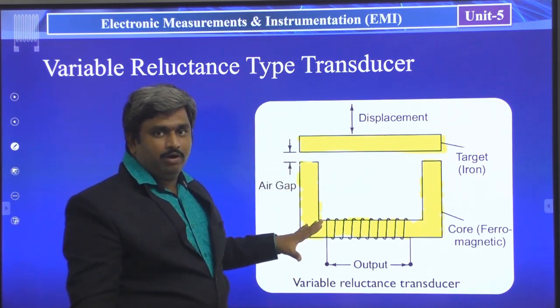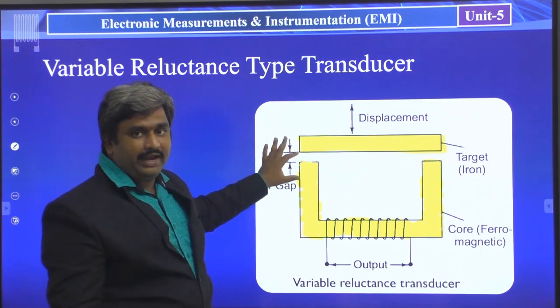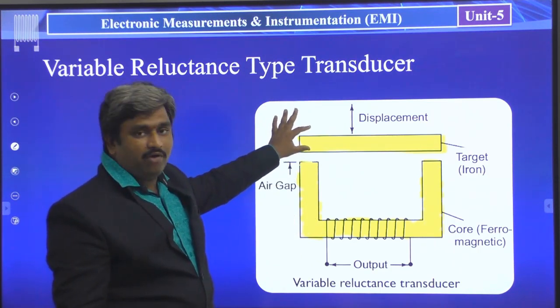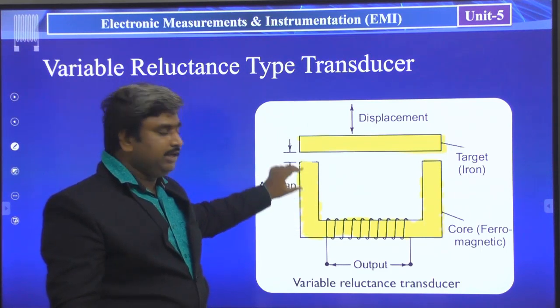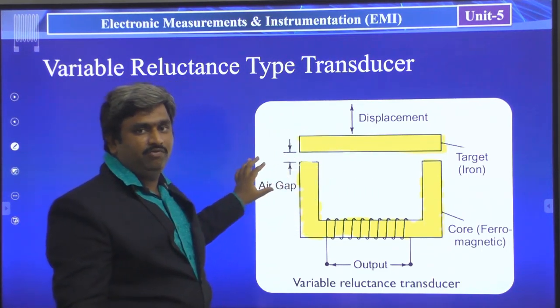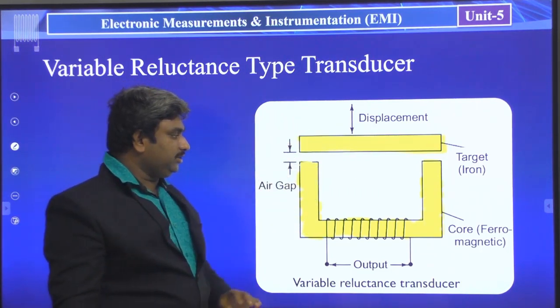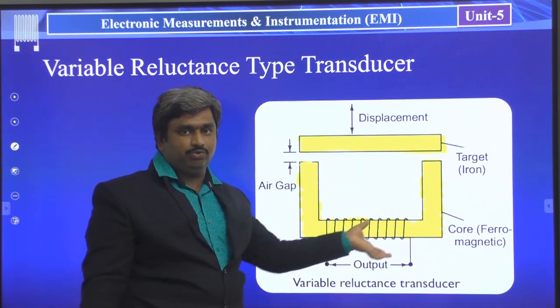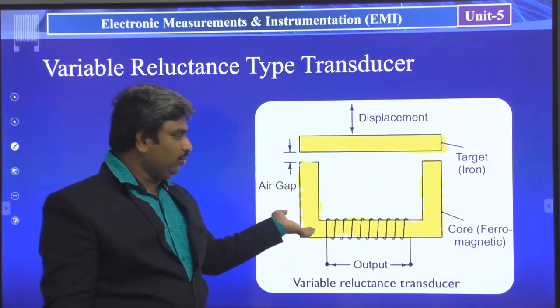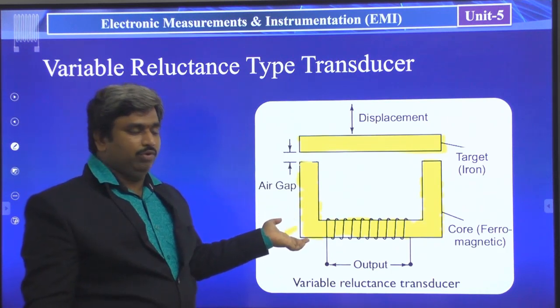In this concept, there is no direct contact of this iron rod to this coil. There must be some air gap between this iron rod and this inductive type of ferromagnetic core.